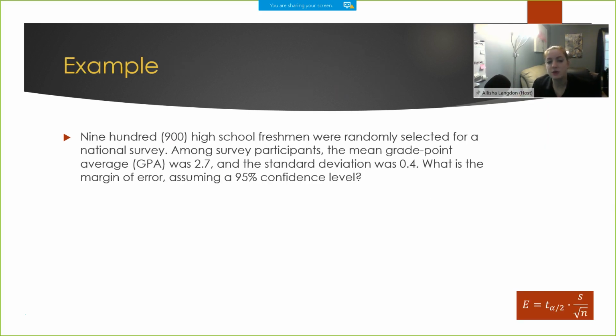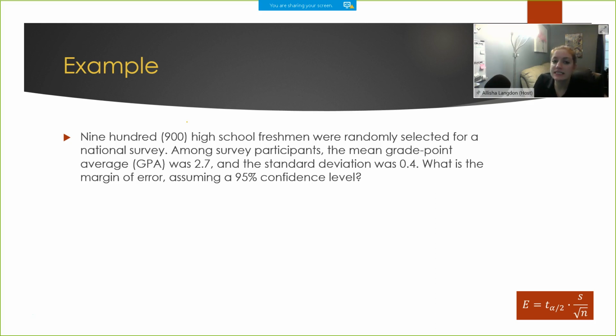Okay, so 900 high school freshmen were randomly selected for a national survey. Among survey participants, the mean grade point average, GPA, was 2.7, and the standard deviation was 0.4. What is the margin of error, assuming a 95% confidence interval?